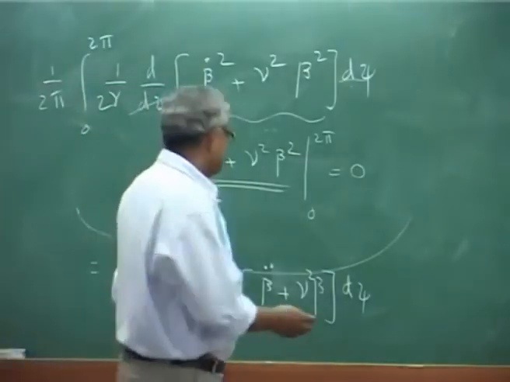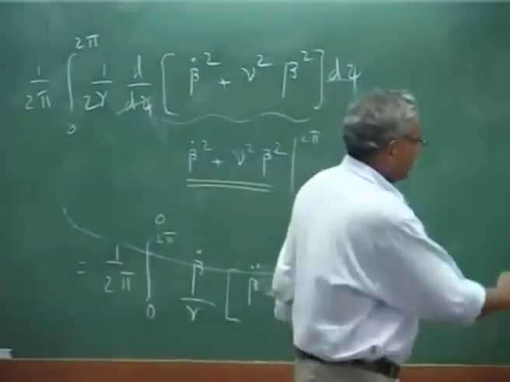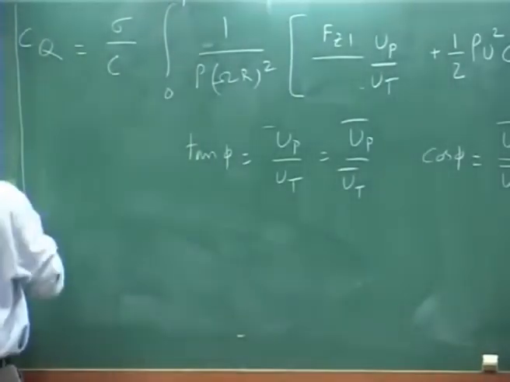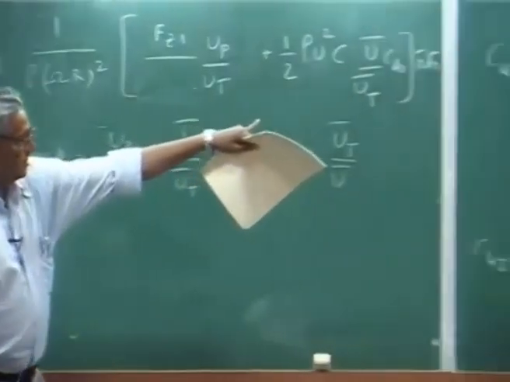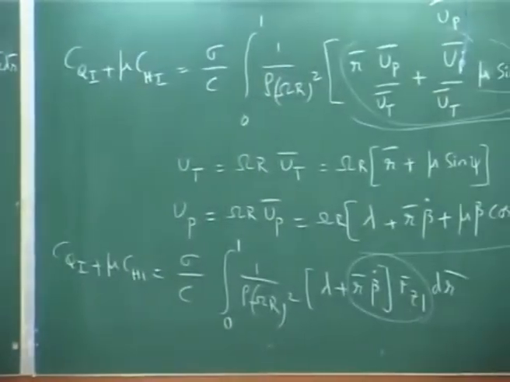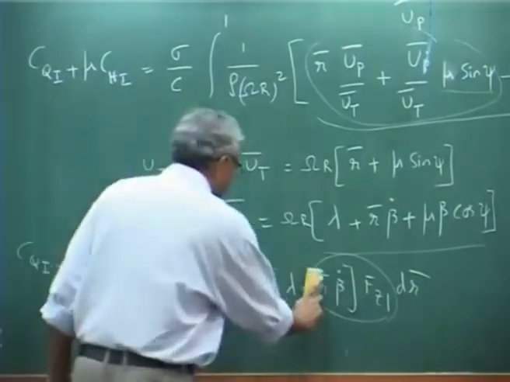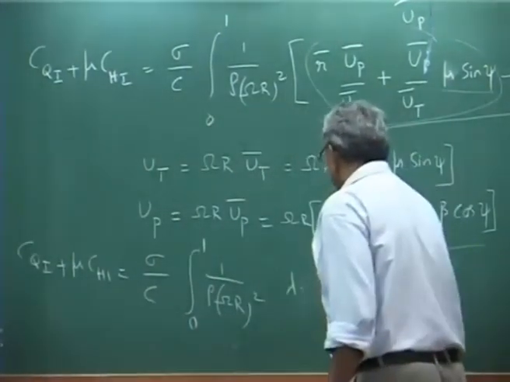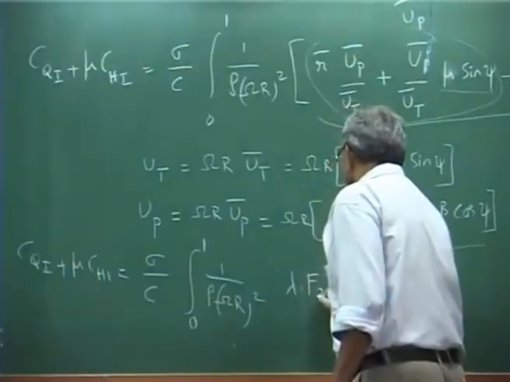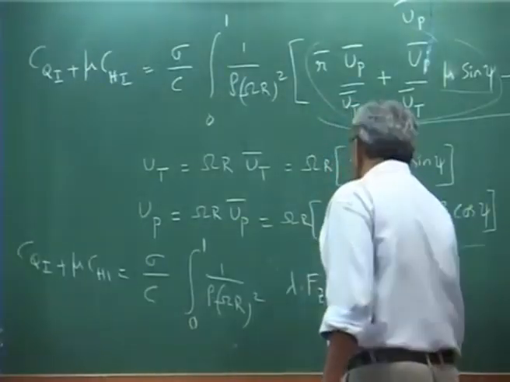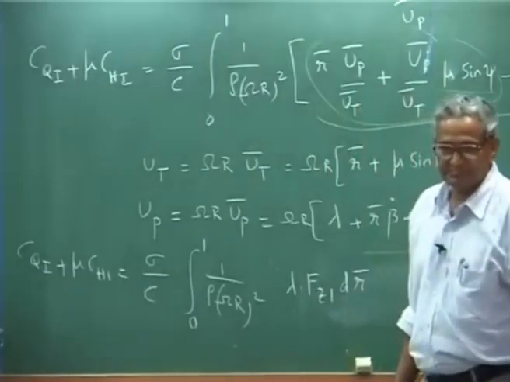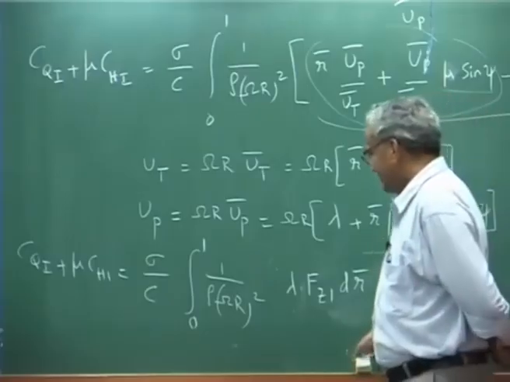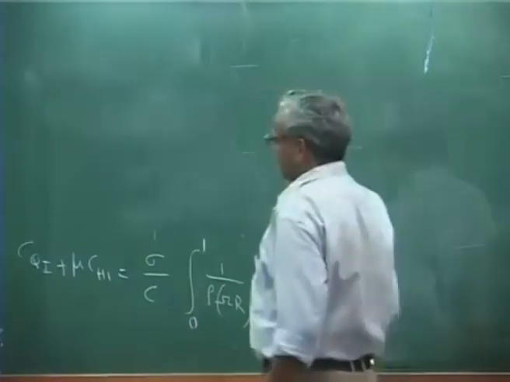So essentially I can now write my CQI plus mu CHI in this fashion: lambda Fz1 dr bar.